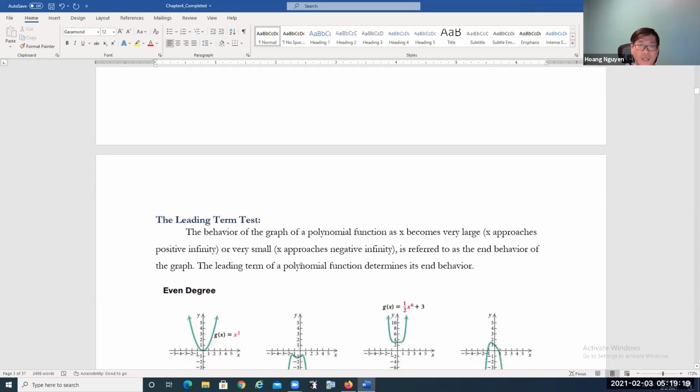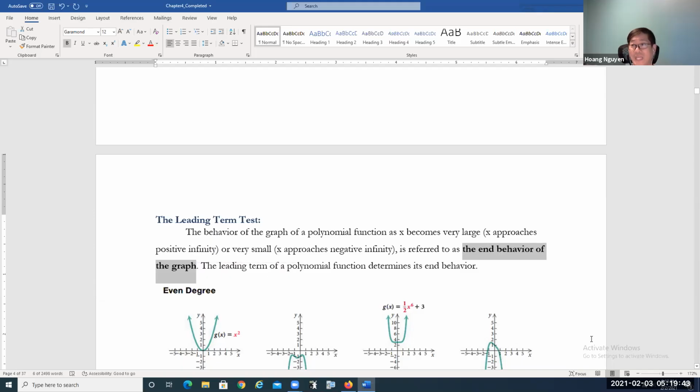Okay. The behavior of the graph of the polynomial function as x becomes very large, meaning when x approaches positive infinity, or when x becomes very small, meaning when x approaches negative infinity, is referred to as the end behavior. Okay, the end behavior of the graph of the polynomial.